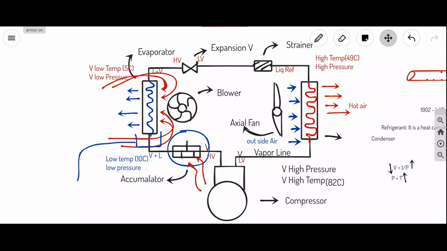Yes Mithun, do you have any doubt? Yes, sir. So you said when the liquid comes to the compressor, it won't get pressured up. So what happens if there is some issue with the accumulator, or we don't have an accumulator? What actually happens when liquid enters the compressor?